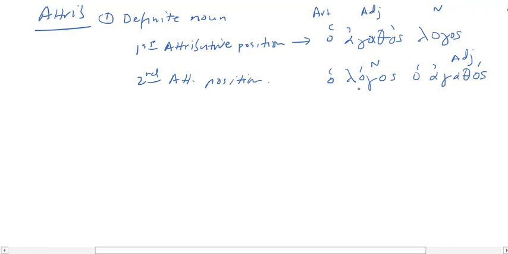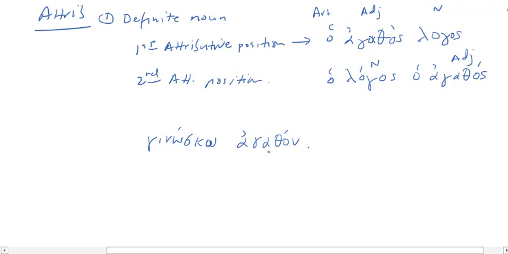It is possible to have an attributive adjective without an article. Let me give you an example here. Ginosko is my verb. I know. Ginosko agathon. How would you translate that? I know good.